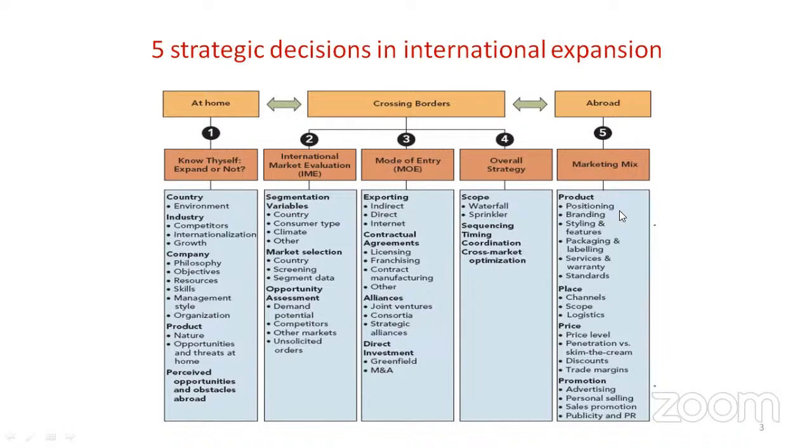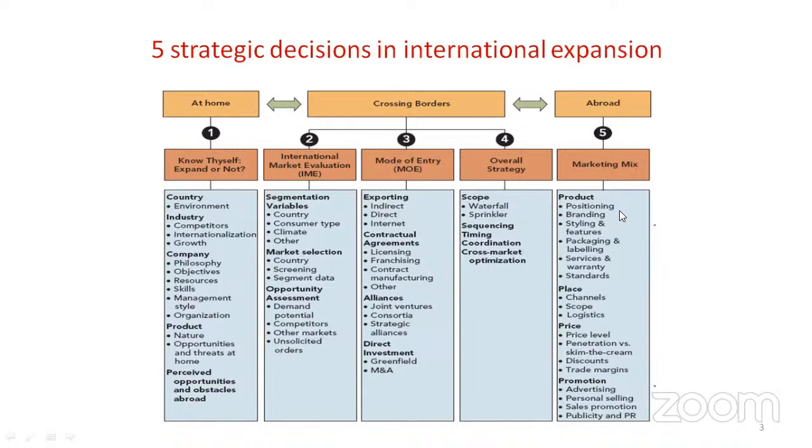Once he selects the market, looking at the overall international markets, first he divides them based on certain factors. He takes certain countries based on their homogeneous characteristics: climatic, consumer types, culture, environmental factors, and all the economic factors.